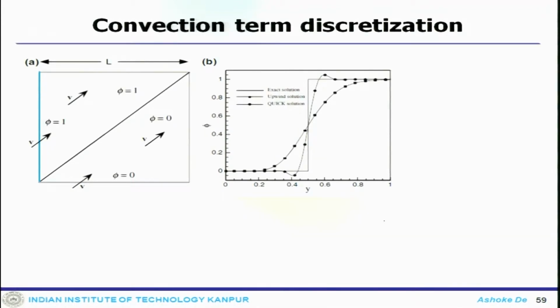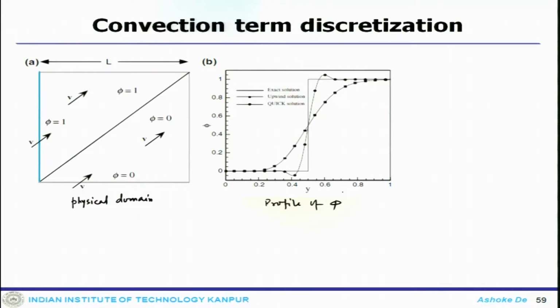This is the physical domain which is shown here, and this side is the profile of phi along the vertical center line of the domain for the pure advection problem. This is along the center line in the y direction.